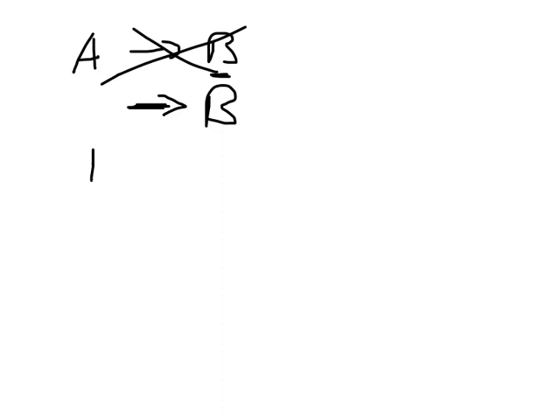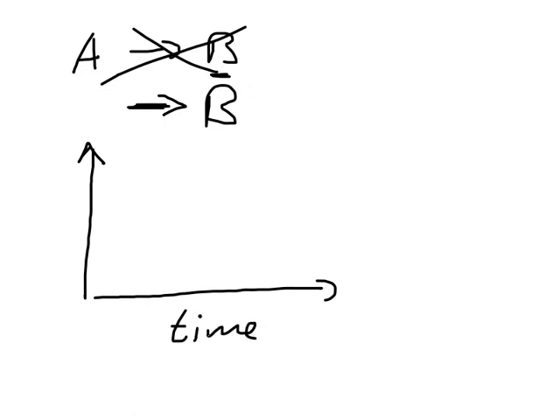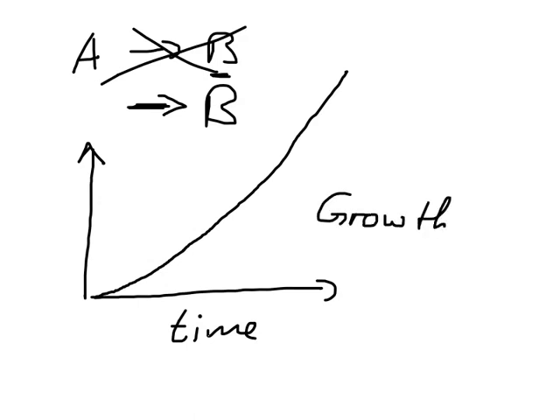And we would obviously write this in a graph. There's no A there, so we would look at it against time. We start off with something very small, and then it goes up and up and up. And there's no limitation, because there's no A limiting factor. And that is a true growth curve.